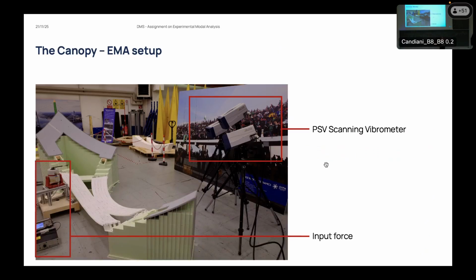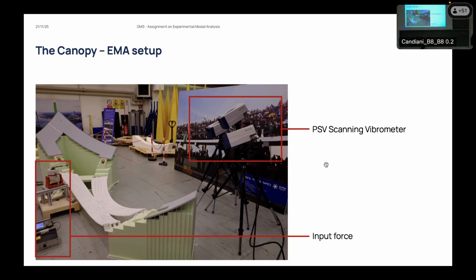How do we measure the response of the system? First of all, we need some sensors that are not affecting the measure themselves. If we put accelerometers that are pretty heavy, this will obviously affect the stiffness and the response of the system itself. So we looked for the least invasive solution to understand what is going to happen to our structure.